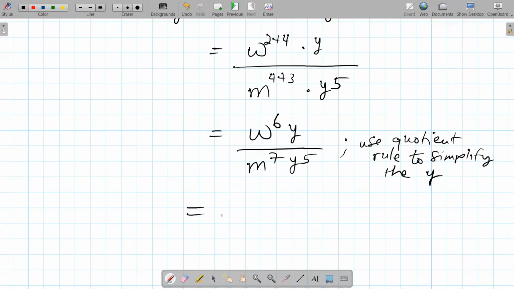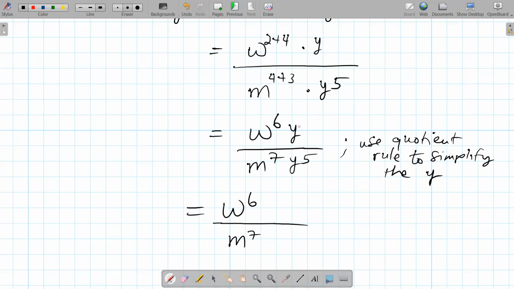And so the Y to the 6 is going to stay. The M to the 7 is going to stay. But remember what quotient rule says. Quotient rule says that if you have two items dividing, they have the same base, subtract the smallest power from the largest power. In this particular case, this is Y. It has a power 1.